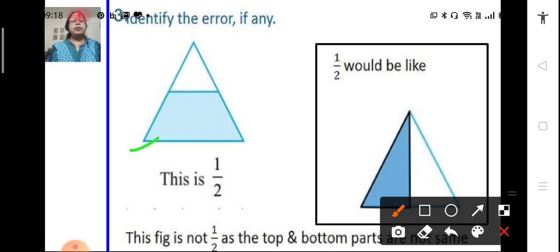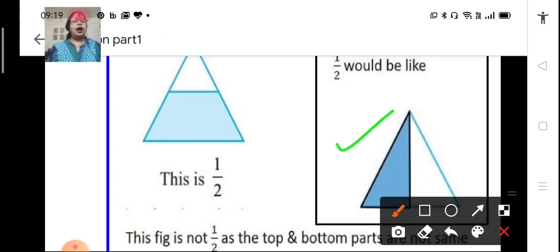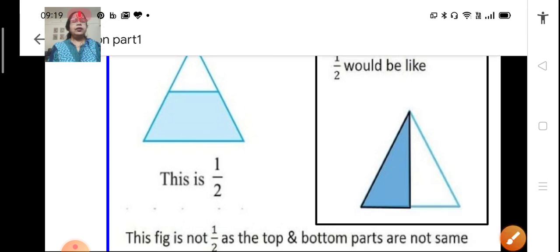No, because the figure is not divided into 2 equal parts. This part is smaller than the other part. The lower one is bigger. So here this is not the half of the figure. How would the half look like? This will be the half of the figure.